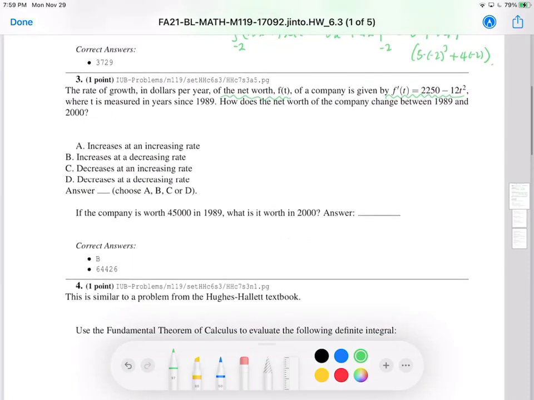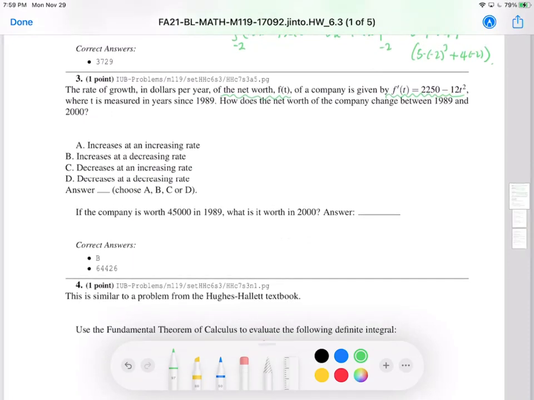The total change is given by the integral from 0 to 11, since 1989 until 2000 is 11 years later. So the integral from 0 to 11 of 2250 minus 12t squared dt.